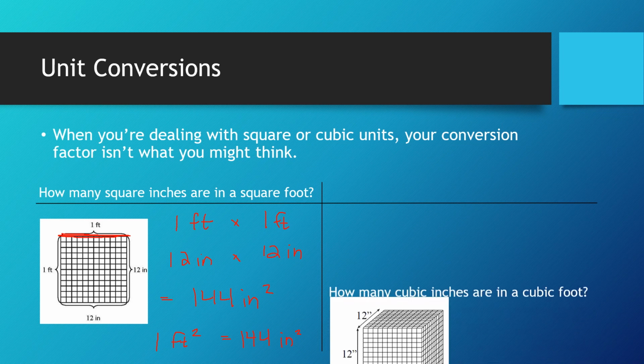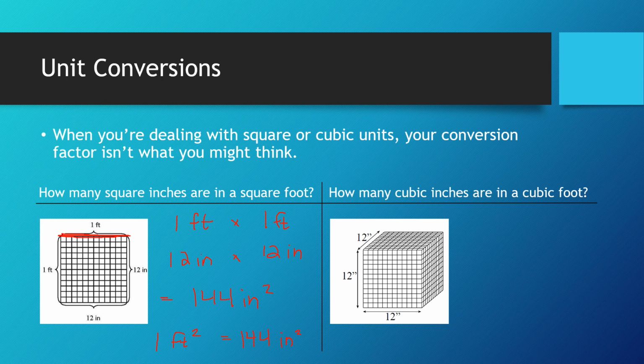We can do the same thing with cubic units. Cubic is three-dimensional when we're taking the volume of a figure. And if I have a cubic foot, that means that all these sides are equal to 1 foot or 12 inches. So if I do 1 foot by 1 foot by 1 foot, that's really equal to 12 inches times 12 inches times 12 inches.